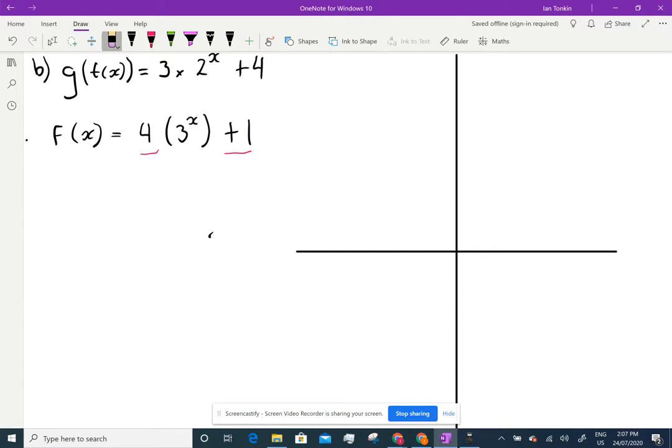All right? So let's have a look. First of all, our standard one goes through like that, and that's a 0.1, and we've got an asymptote there. But we're moving it all up 1.